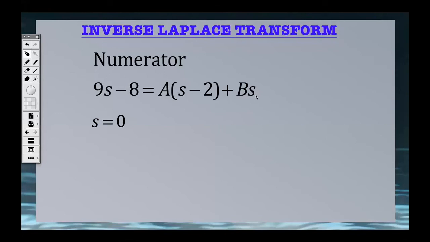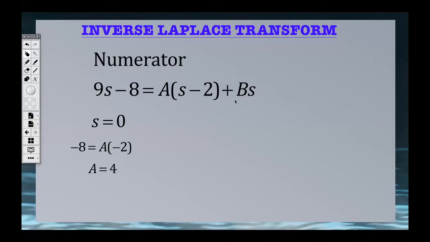It means if I put a 0 right here, the 0 times B cancels, so this is gone. So what I have is 9 times 0 is 0, minus 8 to give you negative 8, and 0 minus 2, that's a negative 2, and when I replace 0 here, that's gone. So it means that A is 4 when we divide both sides by negative 2, we'll arrive at this answer.